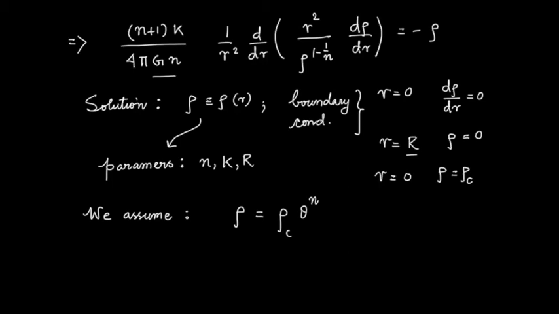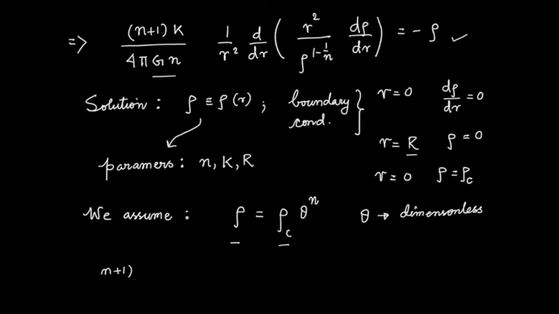Okay, so we can see theta is dimensionless. Rho and rho c has the same dimension. So it's core density times some theta to the power n. So this is what I will like to substitute in this expression and see what happens.